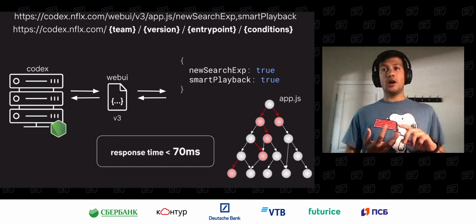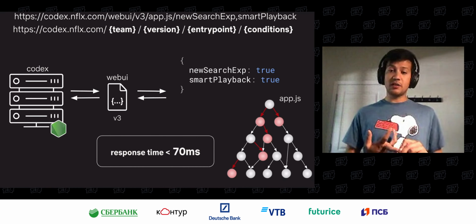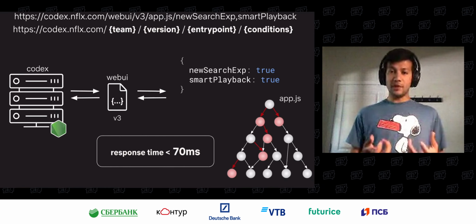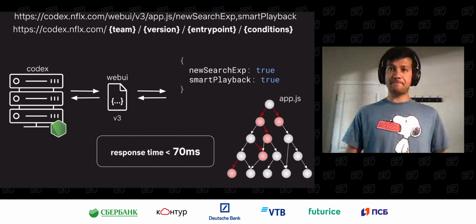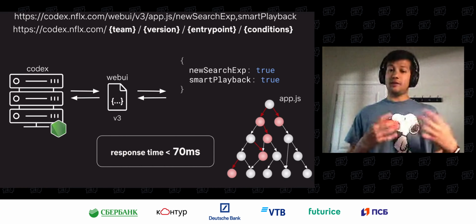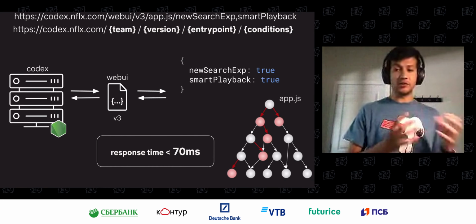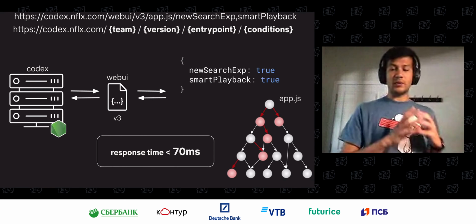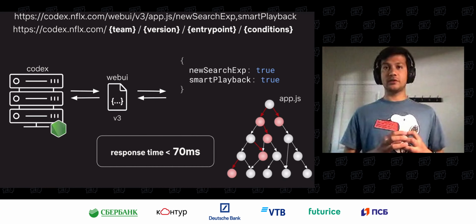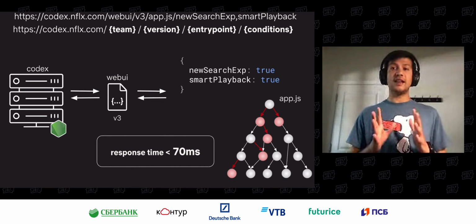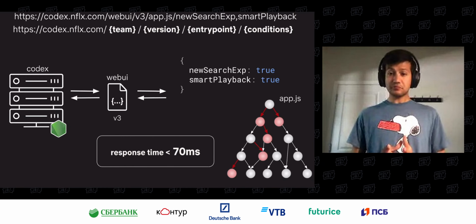We used multi-level caching for storing all the information in the artifact. We also improved the way we store information within the artifact. On top of that, all this information is in memory, so there is no database request and no file reading on the server side. We were able to bring our response times down to less than 70 milliseconds.